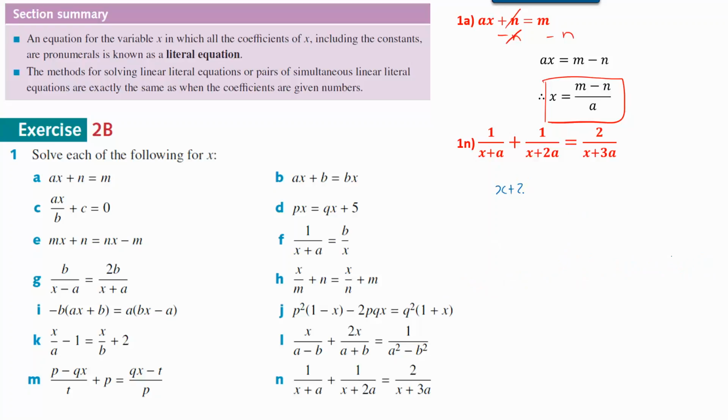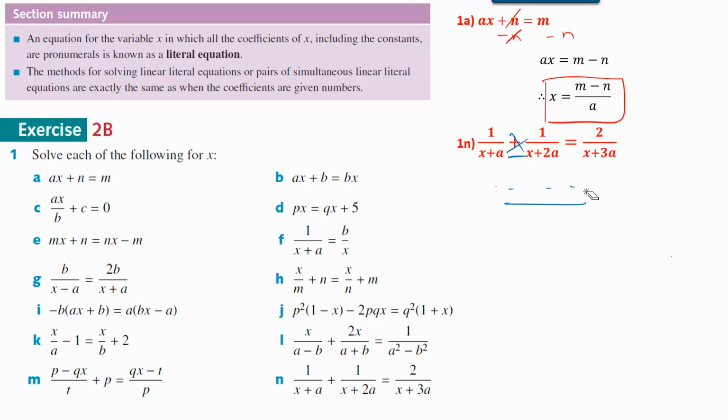So you did a cross multiplication of these two? So I did x squared, x plus 2a brackets times x plus 3a, plus brackets x plus a times x plus 3a, and then equals 2 times x, a times x plus 2a. Did it cancel out? Yeah, well then you get, make sure you have the same denominator.